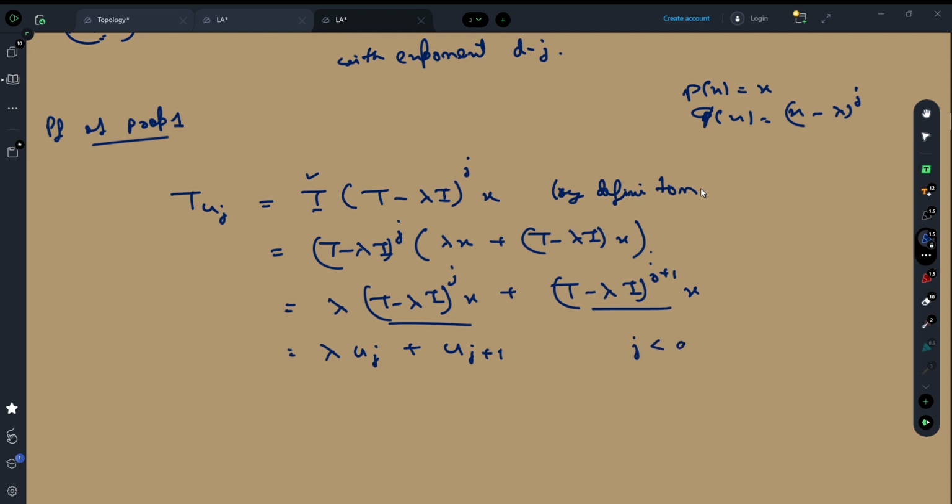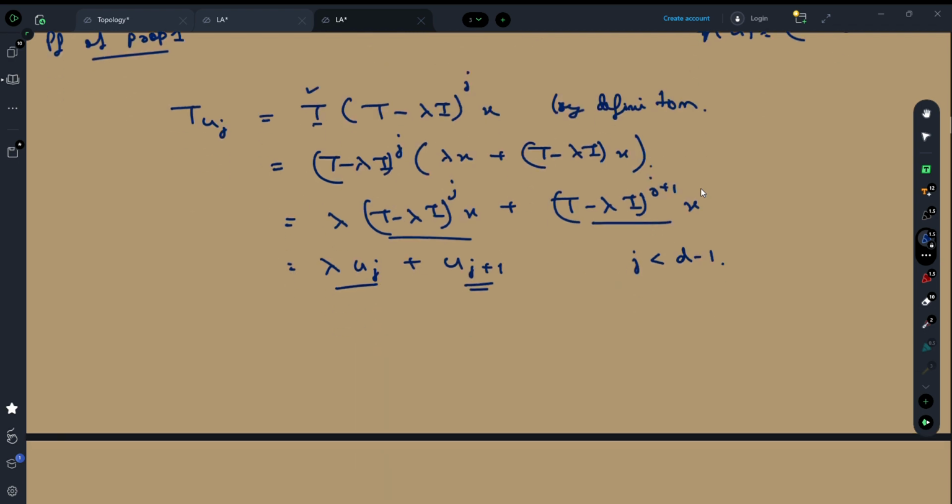So this happens if j is less than d minus 1. What happens if j is equal to d minus 1? If j is equal to d minus 1, this part simply becomes 0. And if j is greater than or equal to d minus 1, then this part also becomes 0. And that is solely because of the fact that x is a generalized eigenvector with exponent d.